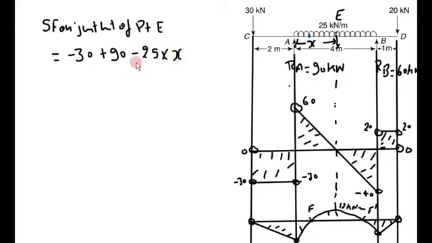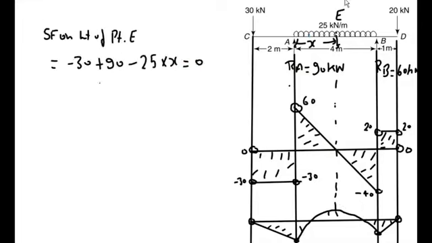Now this is the shear force on the left of point E. From this diagram, this shear force should be 0. Now put equal to 0 and find out the value of x. X is equal to 60 by 25. So this comes out as 2.4 meter. So the position of maximum bending moment lies at 2.4 meter from point A.